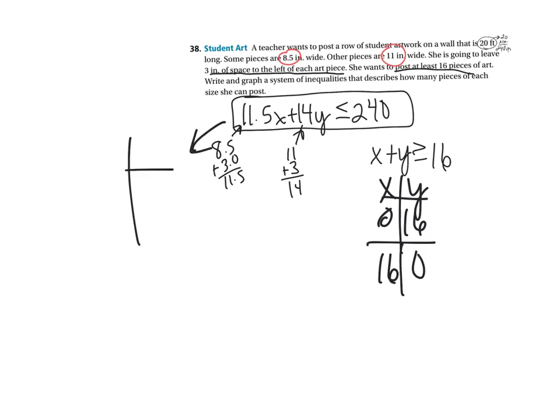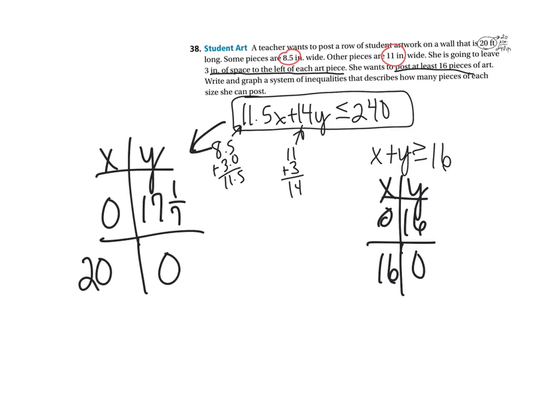For this other one, we can also use intercepts. The answers don't come out quite as nice for that one. That'd be 0 and 17 and 1/7, and then 20 and 20/23, 0.